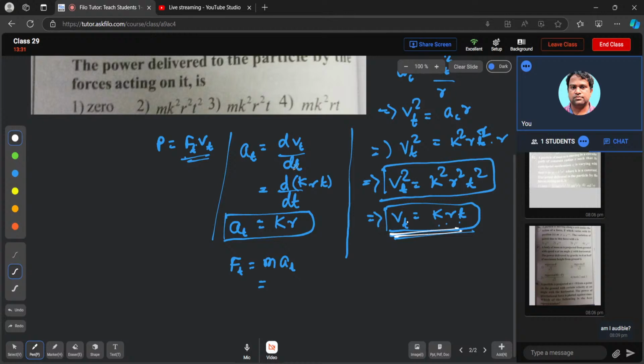So d by dt of krt, k and r are constant, radius and k are given in the question. So d by dt of t is 1, and we got kr.